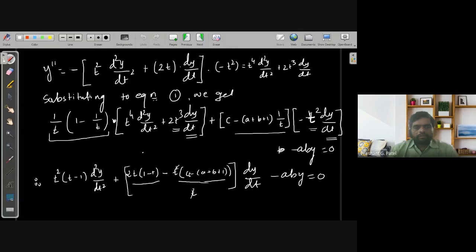And so it is 2 into 1 minus t, after taking that t common from this. So this t and this t will be common out. So it is 2 into 1 minus t minus ct, minus minus becomes plus a plus b plus 1. So that is the coefficient of t here. It is 2 minus c.